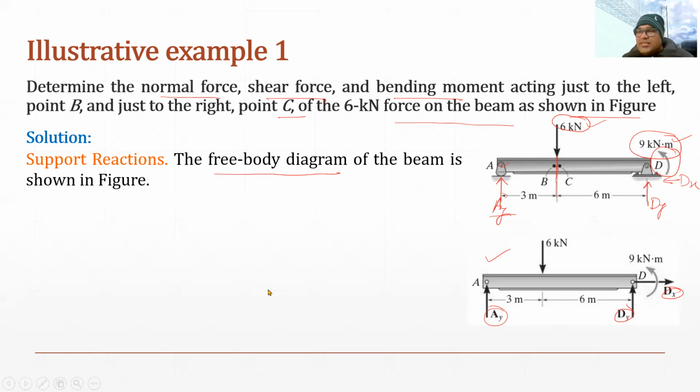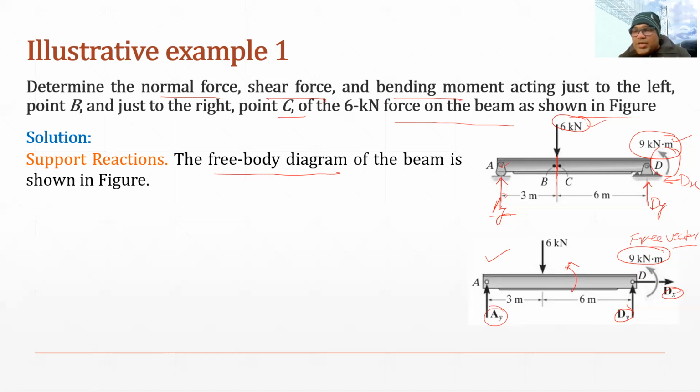Also, the couple moment which is acting at point D is actually a free vector. We have already read about the couple moment, but I think I have not discussed this. A couple moment is basically a free vector, which means if we apply this couple moment at D, it will have the same effect if we apply the same couple moment anywhere in the beam, say here also.